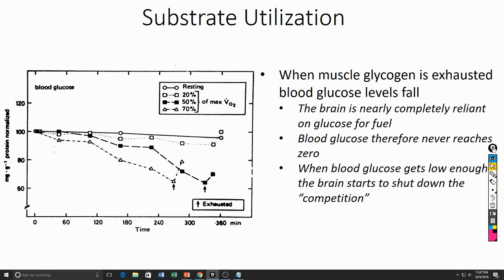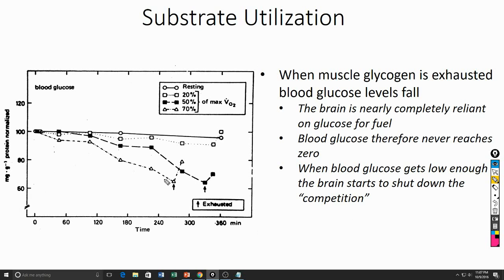So if we look here, we're looking at exhaustion versus time of work, and this kind of just reinforces the things we've been saying. A big point within fatigue and exhaustion is understanding that the reason you're fatiguing, for the most part, the reason you're stopping exercise if you go for long enough, is that your blood glucose levels get low.